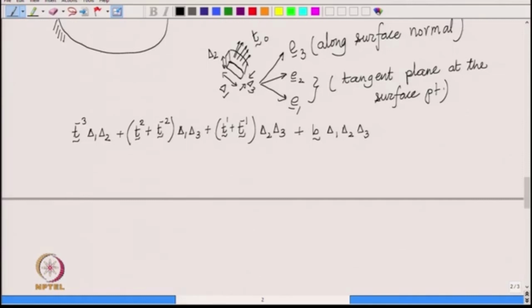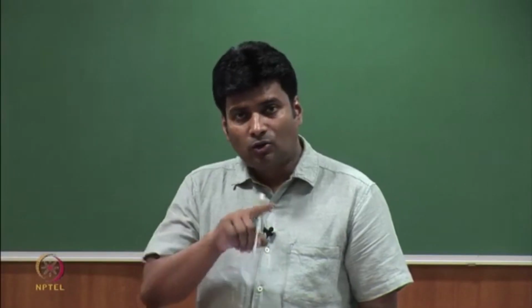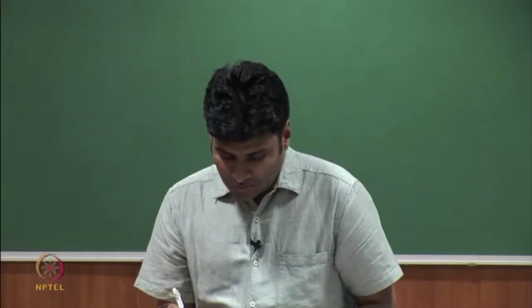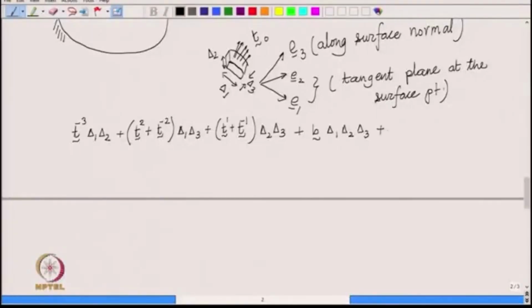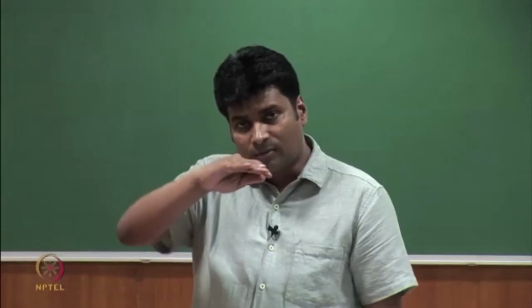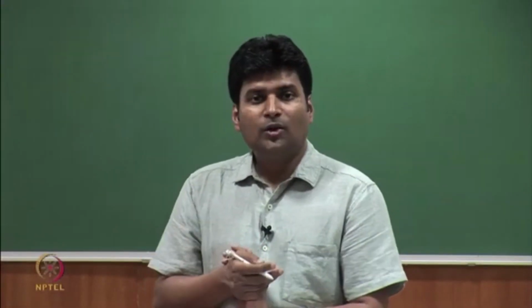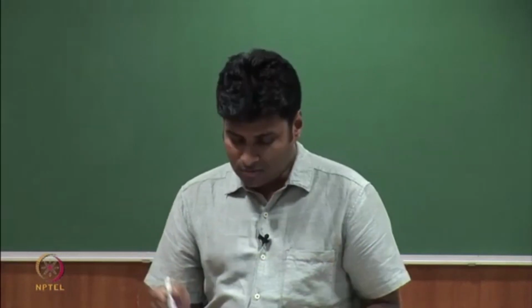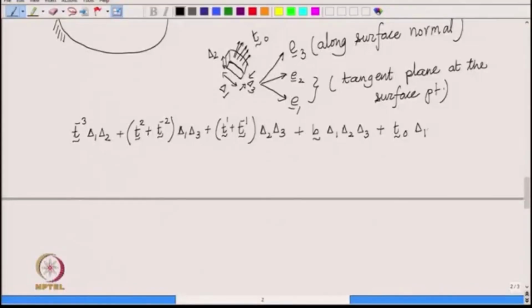But you see, we have not yet taken into account the force by the external load, the T naught, which is acting on the top surface. So, we have to also include that. So, plus T naught times the surface area. Now, that is curved, but because it is very small, you could write it as delta 1 into delta 2, right, and this has to be equal to mass times acceleration, net force equal to mass times acceleration.